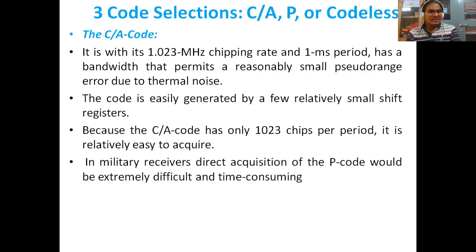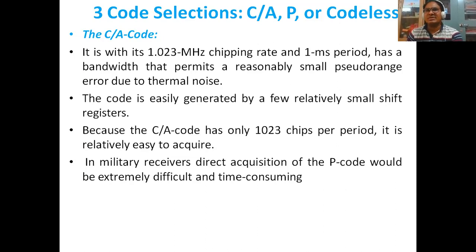Next, there are three types of code selection. One is the C/A code, next one is the P code, and another one is the codeless technique. Of course, we know the C/A code has a 1.023 megahertz chipping rate and a 1 millisecond period that permits bandwidth for small pseudo range error due to thermal noise, and the code is generated by a few relatively small shift registers.